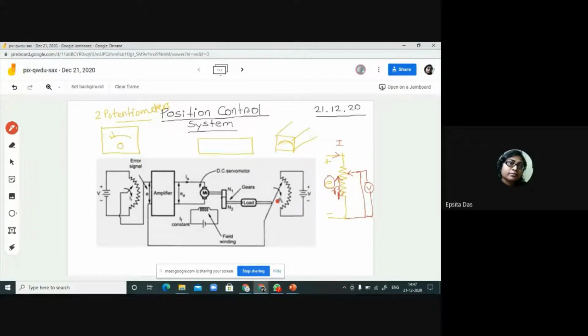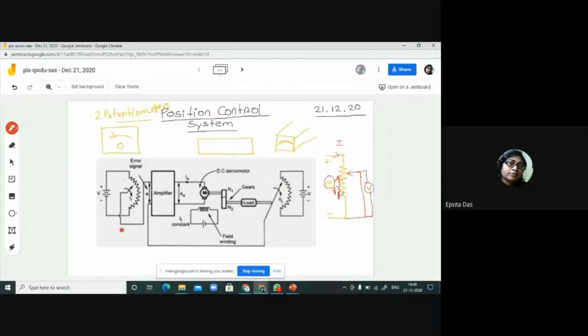The potentiometer is also there. So the input will be through a potentiometer, where an angular displacement is converted into voltage, and here also we are getting a movement of potentiometer at the output terminal. Okay, so two potentiometers are present. Now in this arrangement, the variable terminal is connected to an amplifier.